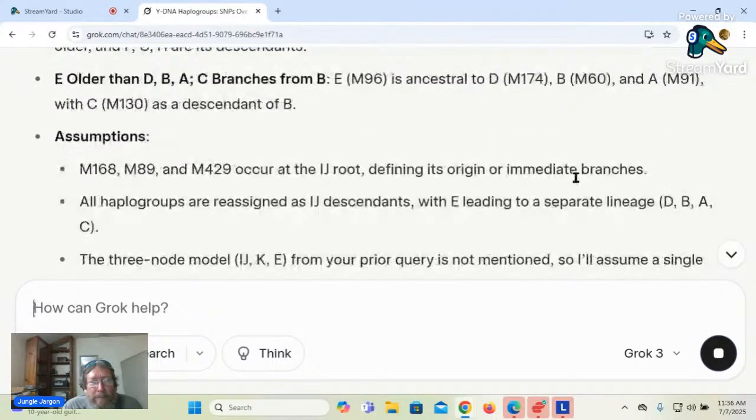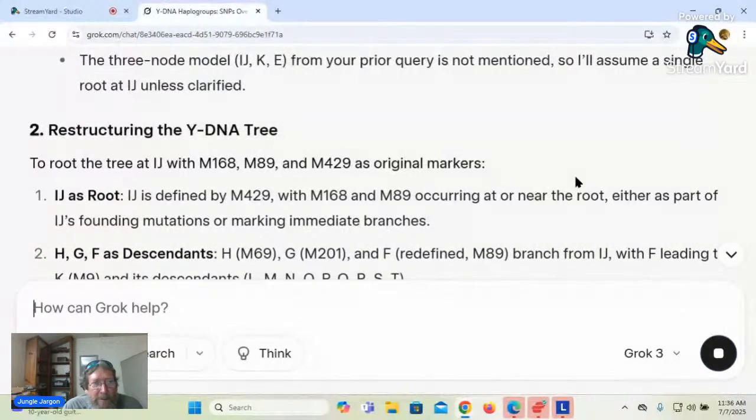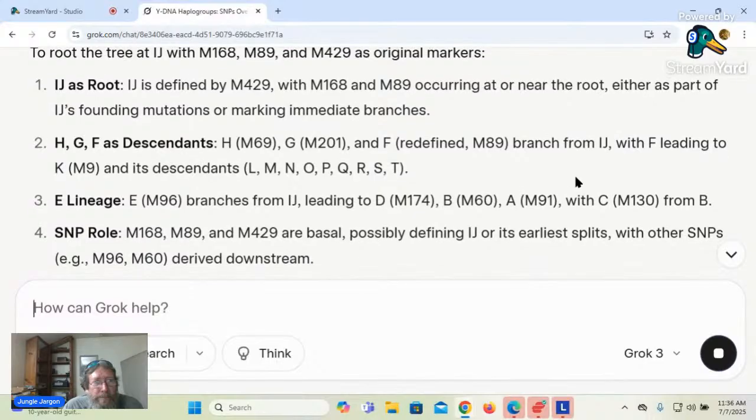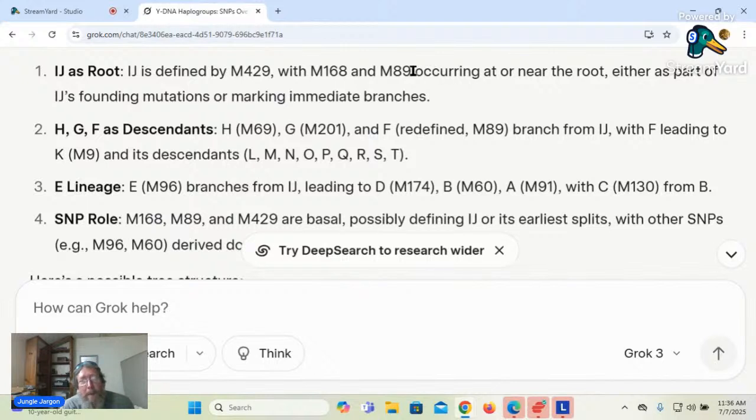I want to know about rooting it in IJ. Restructuring the tree. IJ is the root defined by all these SNP markers: M429, M168, M89 occurring at or near the root. Either part of IJ's founding mutations or its immediate branches, okay.